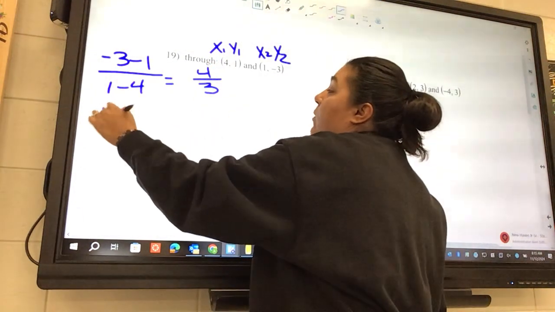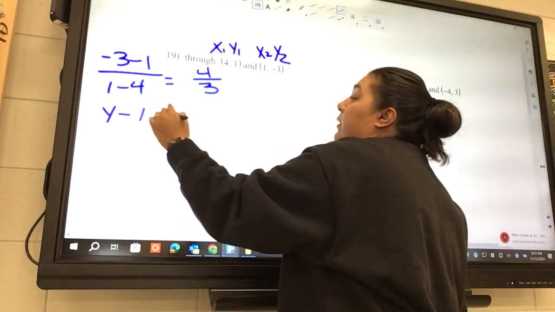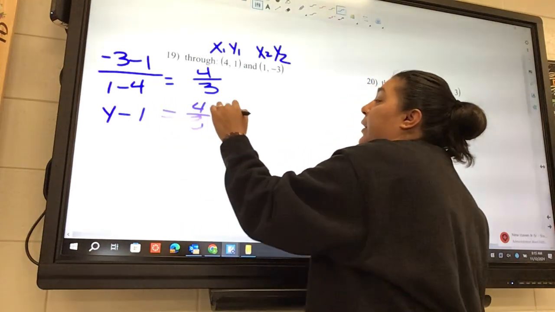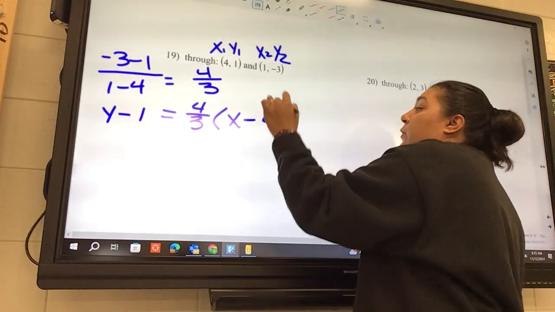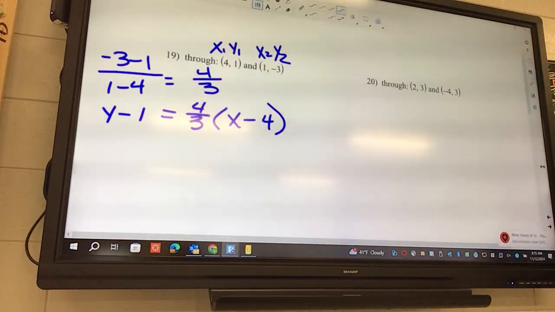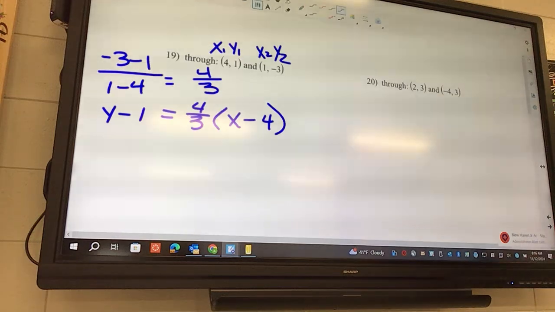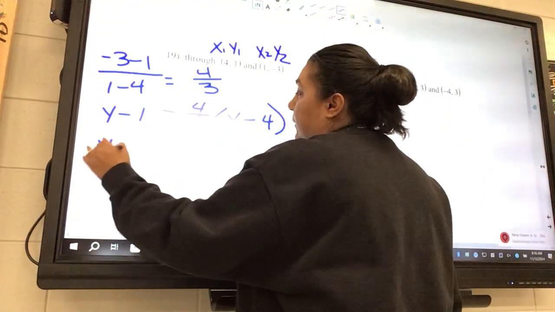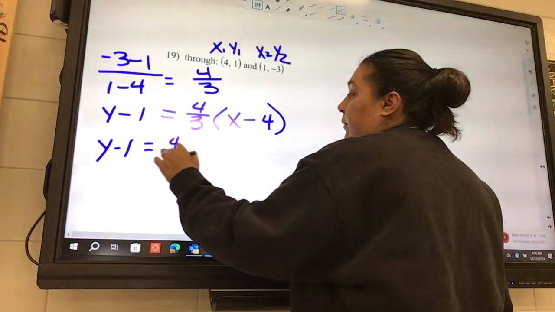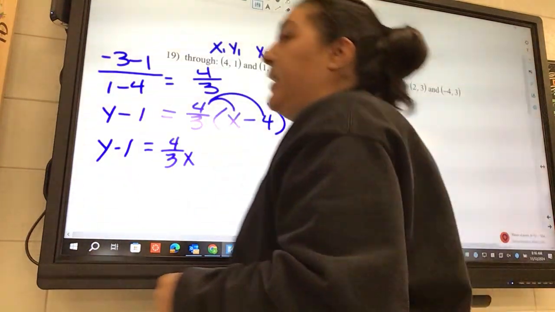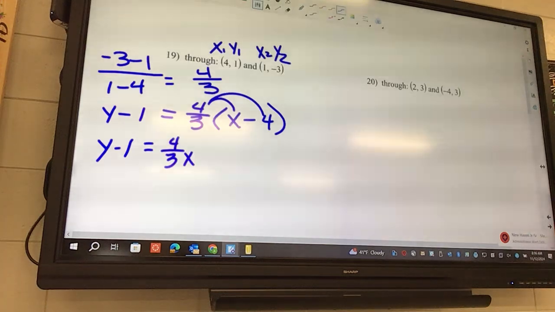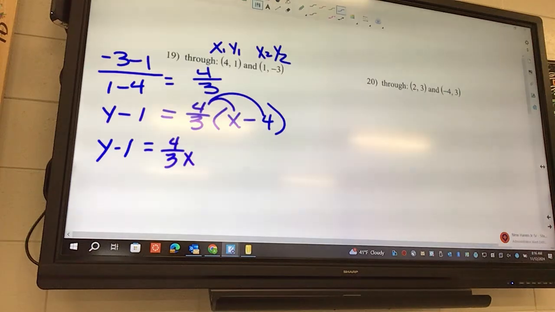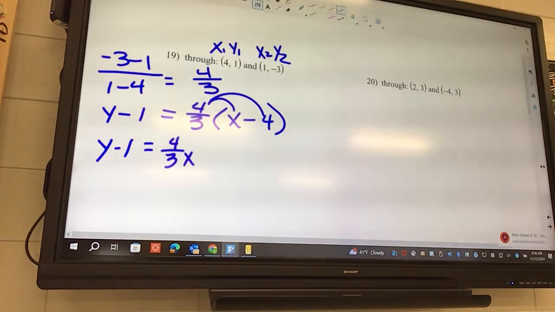So it's gonna look like y minus, my y1 is 1, my slope is 4 over 3, x minus my x1 is 4. Do we have any double negatives? No, so we're going to distribute. 4 over 3 times x is 4 over 3x. 4 over 3 times -4 is -16 over 3.